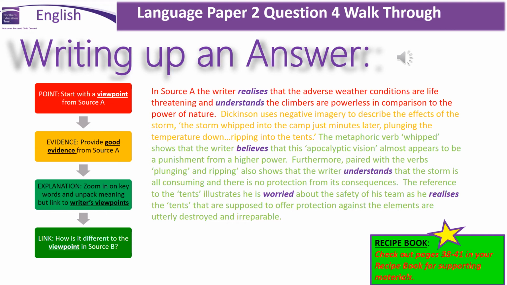I'm zooming in on that verb and I'm linking it to what the writer believes. So the metaphoric verb whipped shows that the writer believes that this apocalyptic vision almost appears to be a punishment from a higher power. Notice how I've referred to another quotation and I've embedded that into my explanation. I'm going to get extra marks for that.